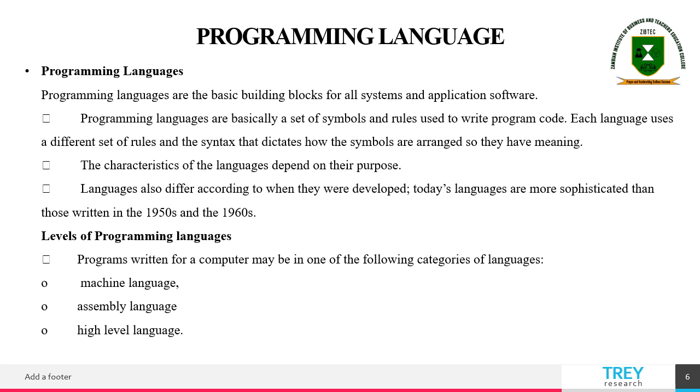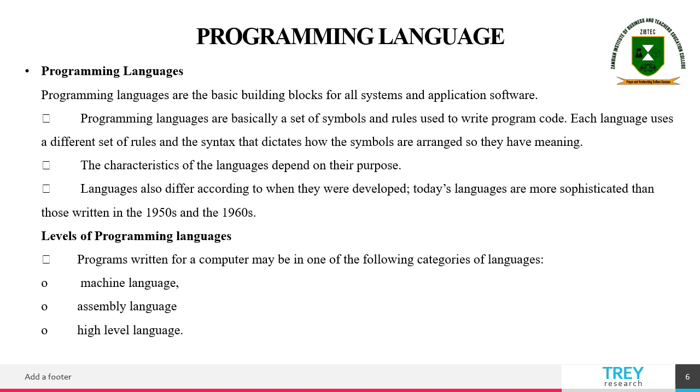Okay, now let's go to programming languages. By definition, these are the basic building blocks for all system and application software. To make all these software, they have been programmed using what we call programming languages.